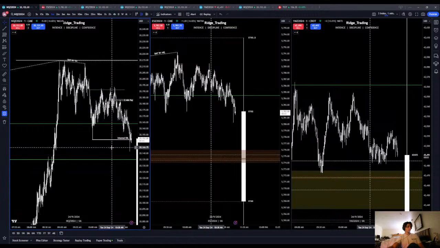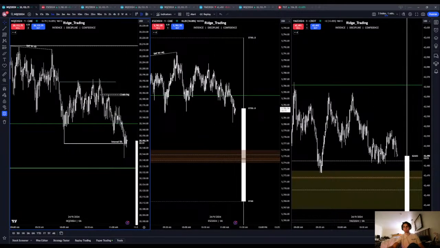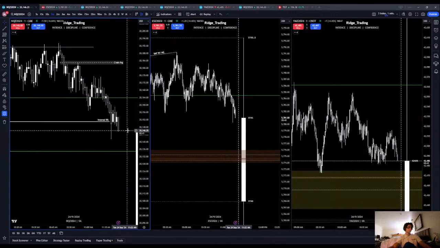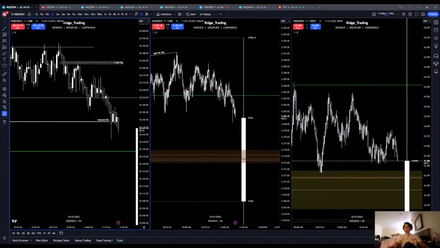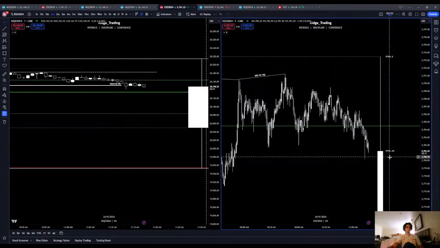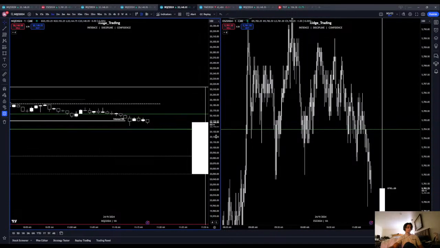So either way, it's just kind of hands-off trading from here. Also, ES did take those lows as well.